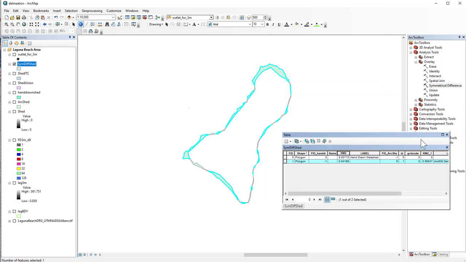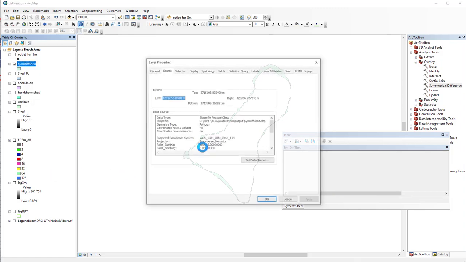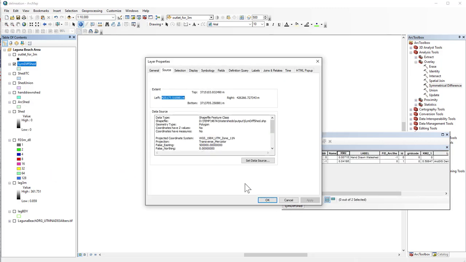And to actually visualize which is which, it's kind of hard to tell from the attribute table. So the best way to do this is to go into its properties and symbolize by its label.